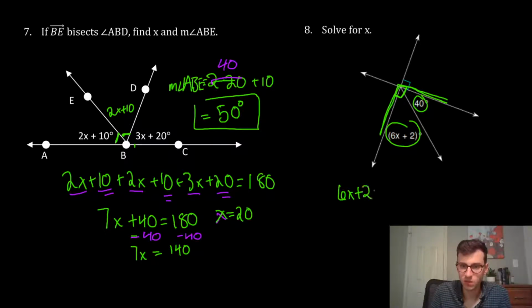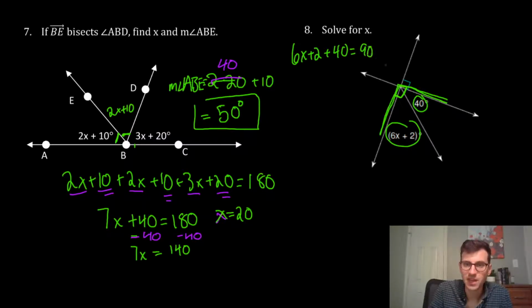6x plus 2. Well, that might be off your screen, so let's make sure it's not. 6x plus 2 plus 40 equals 90. Right? They add together to make a right angle. Okay, some combining. 6x plus 42 equals 90.